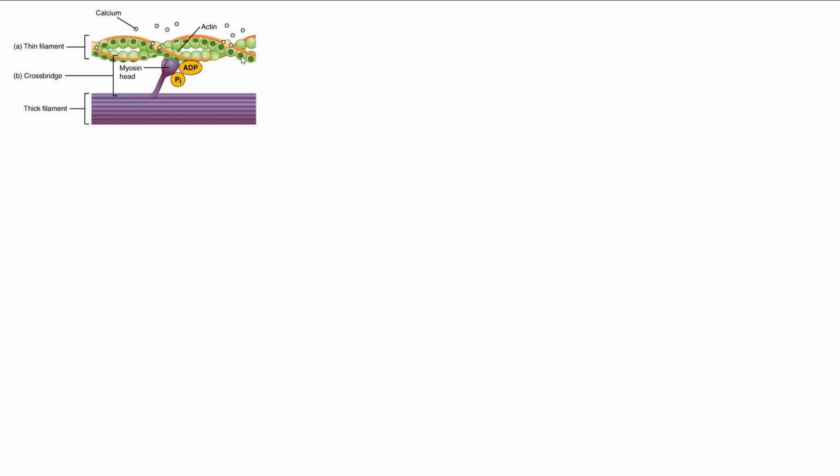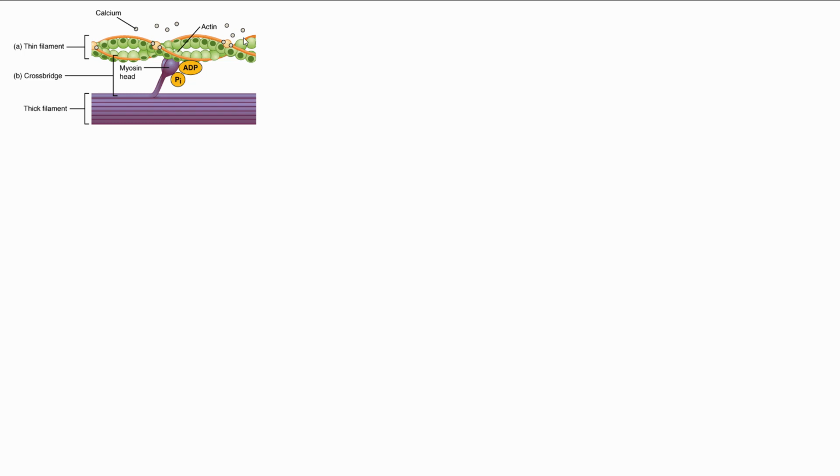Now the reason it's exposed, the reason it's available for myosin to bind, is notice we have these calcium ions floating around. When calcium ions bind to troponin, so they increase the concentration and have a larger number binding to troponin, this causes troponin to go through a conformational change.